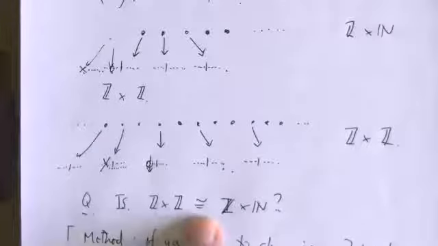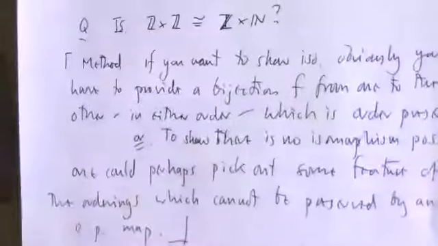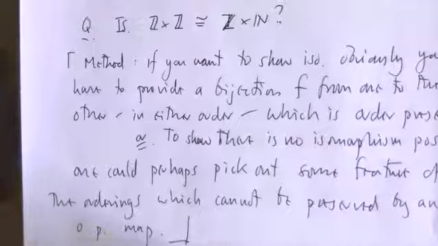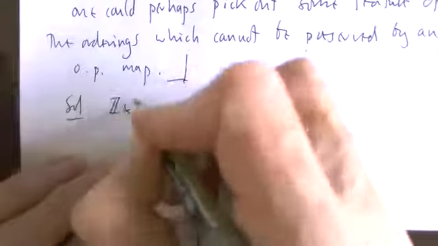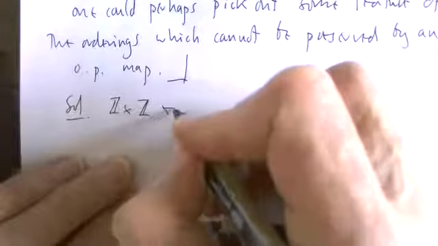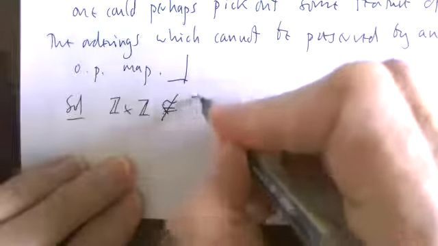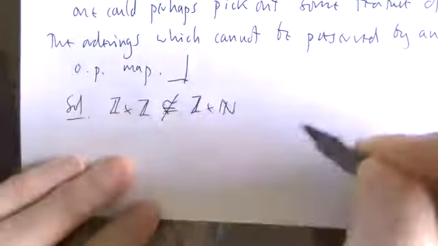So the answer here is no, they're not isomorphic, and you just have to write that down. So the solution would be: Z cross Z is not isomorphic to Z cross N.